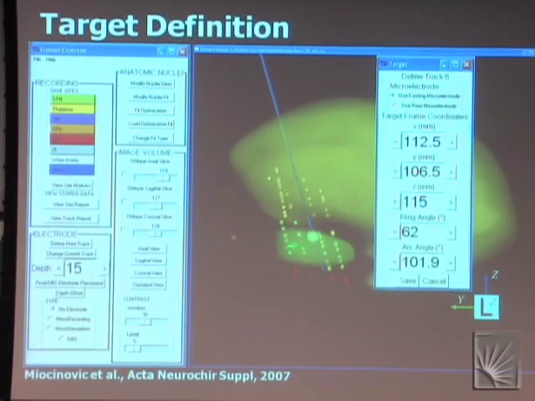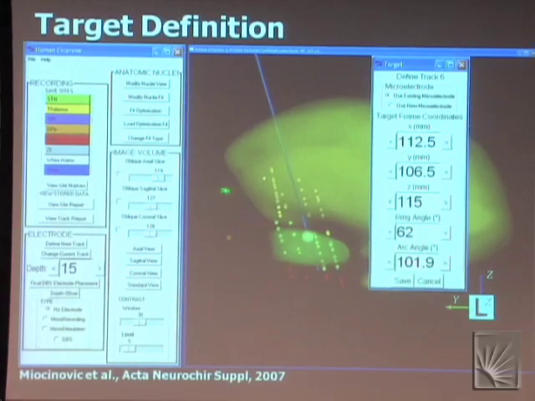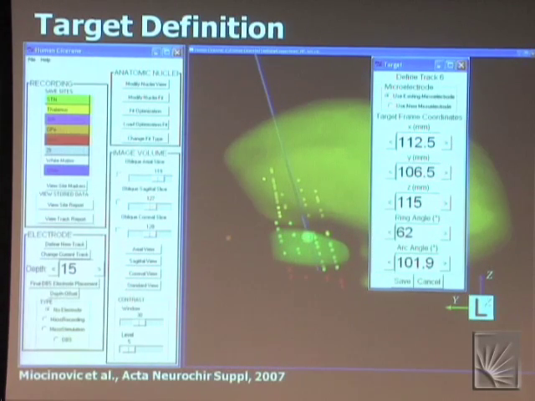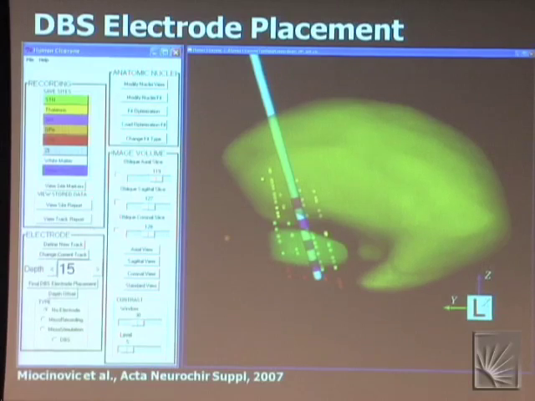So once you've put all of this into a common stereotactic coordinate system, the imaging data, the brain atlas, the microelectrode recording data, this morphed target location from the brain atlas, you can then define this X, Y, and Z and ring and arc angles that are very specific to the placement of the frame on that patient's head, so that we can predict where we should be putting that electrode for the future.